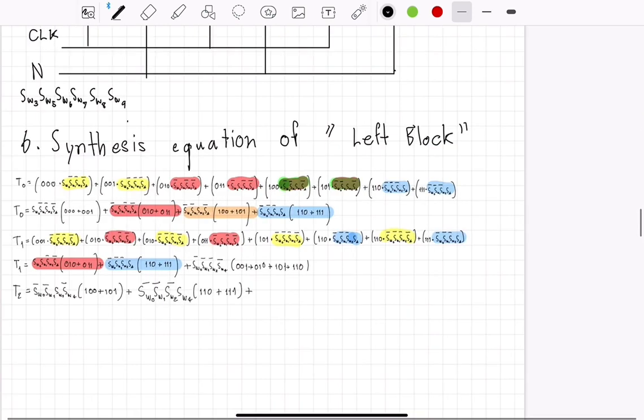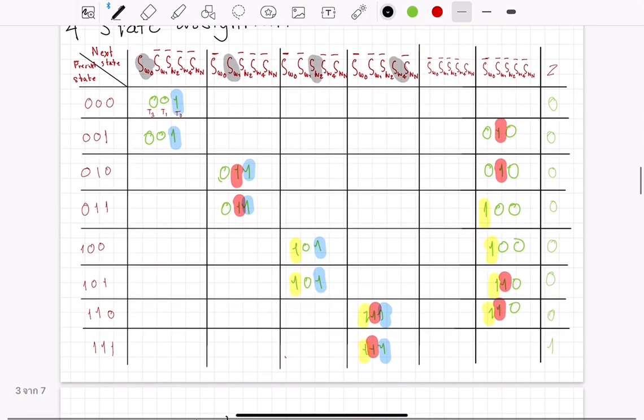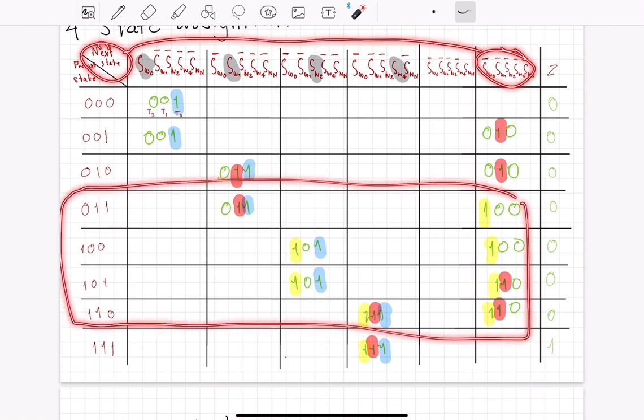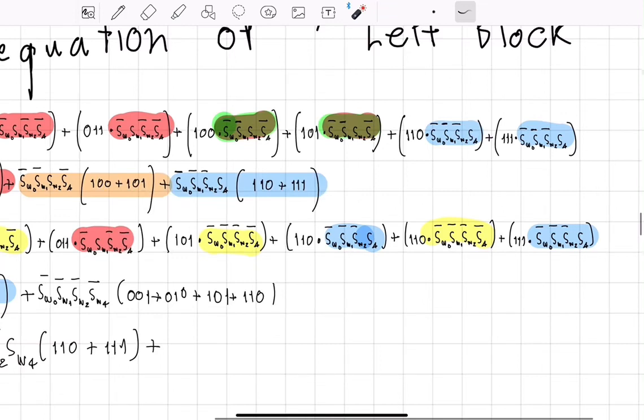Alright, state 0 1 1 push 1 1 1. And you can see the next state is not put every switch and leave in present state 0 6. Not push, and copy, not push that.